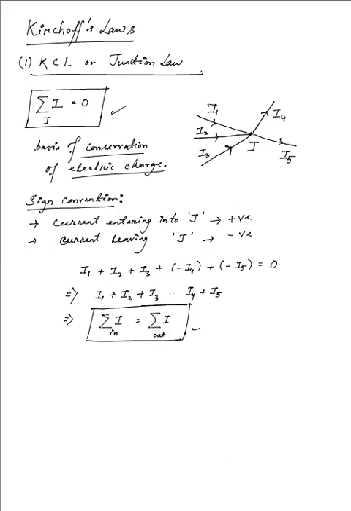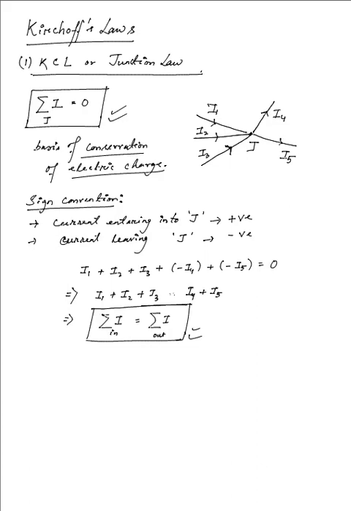Both these statements mean the same. You can use one of those expressions that we have just written over there, but they will complement each other as we proceed into the circuit.